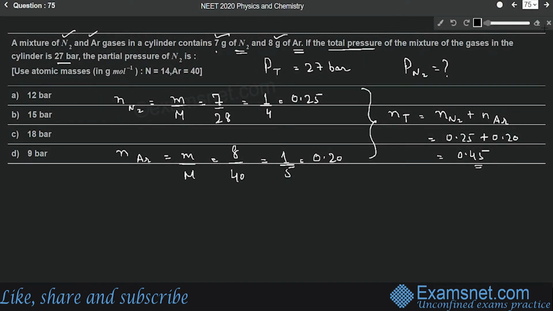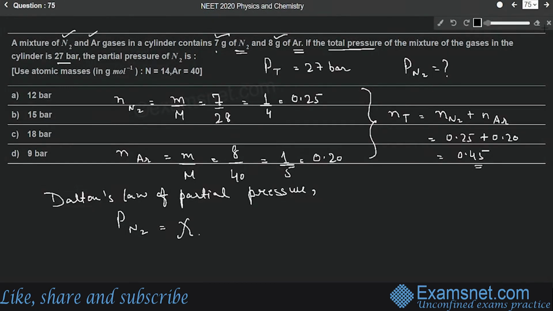Now we have to find out the partial pressure of nitrogen. So using Dalton's law of partial pressure, we can say that the partial pressure of nitrogen gas will be equal to mole fraction of nitrogen into total pressure, that is P T. So what is the mole fraction of nitrogen?